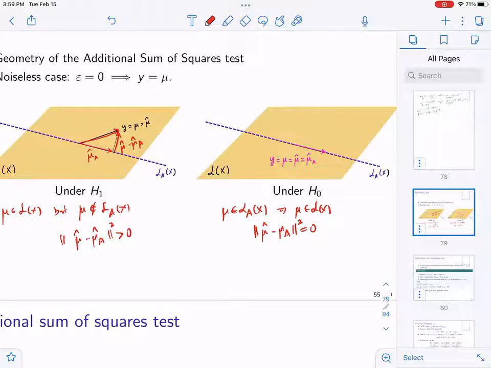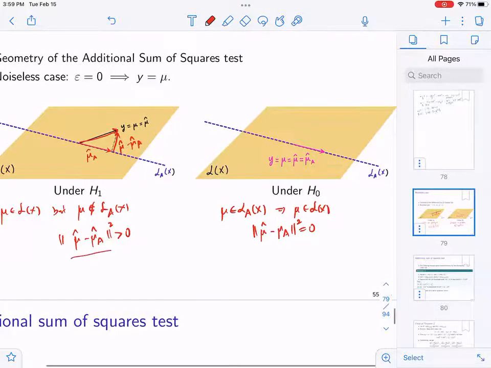When you have noise, however, unless your noise is very specific, you're going to have this bigger than 0. And so the question is, how much bigger? How much bigger should it be before we reject? Does that make sense?